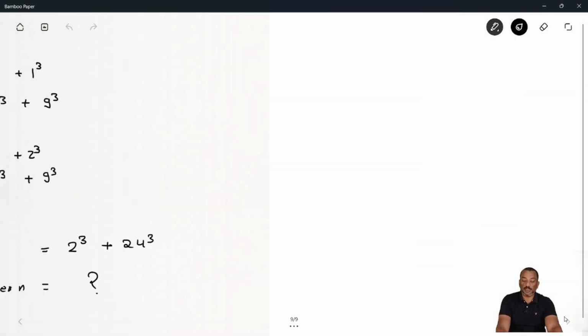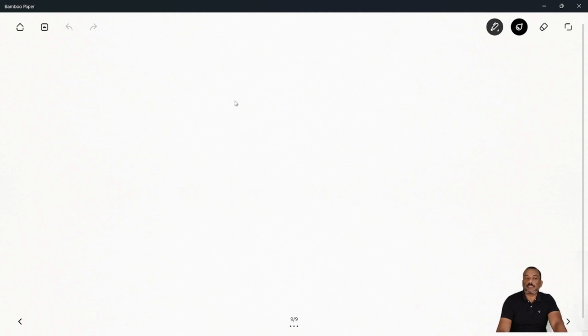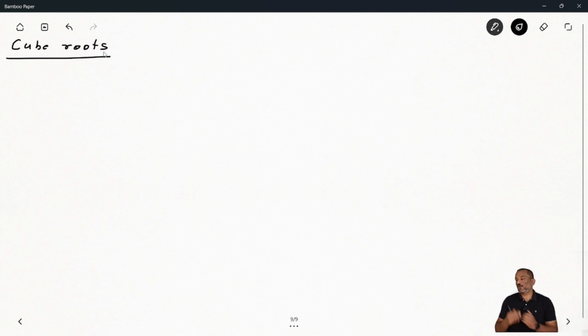Coming to our next pattern, that is called cube roots. If I say simply about the cube root, like you have seen in the square, a square root is the inverse of what? Square. In the same way, cube root is the inverse of cube.